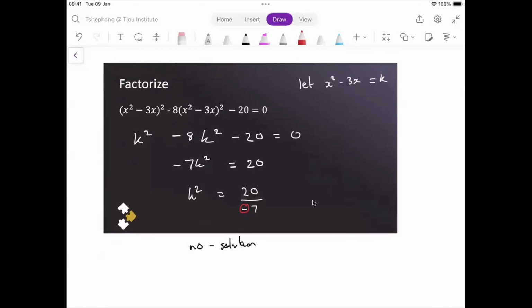But I was just showing you that you can substitute something else, because you do not want to deal with x to the power of 4. It'll be very difficult for you to factorize that. So always look out for what you can substitute. So usually we say this is a relevant substitution.